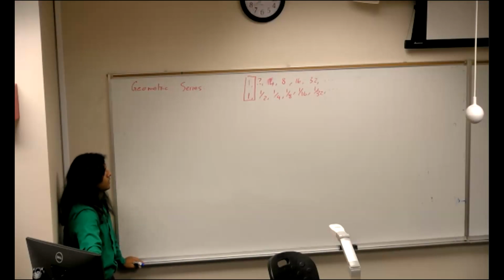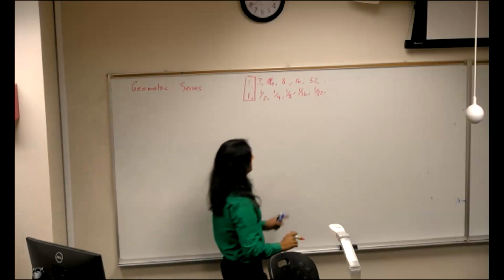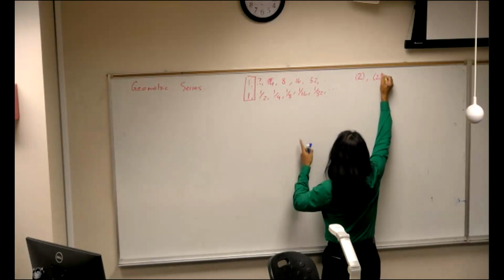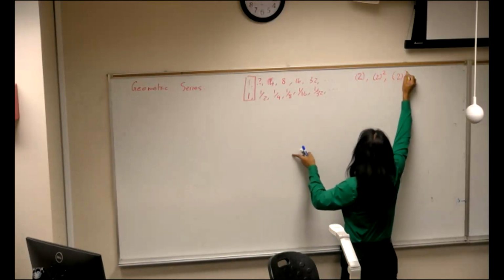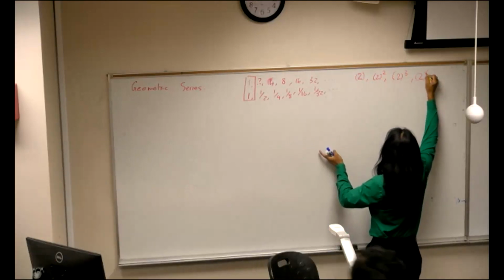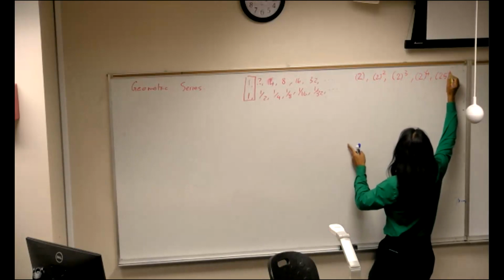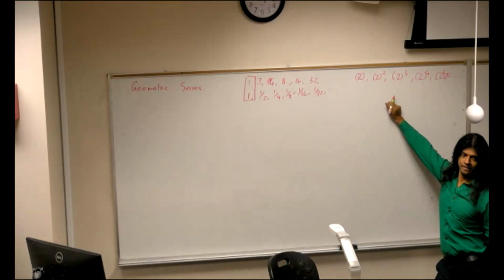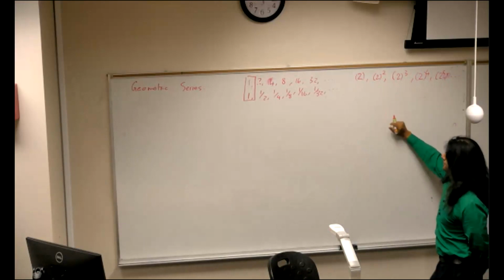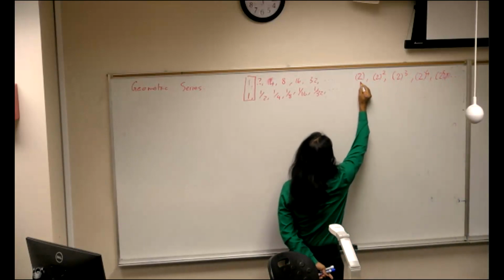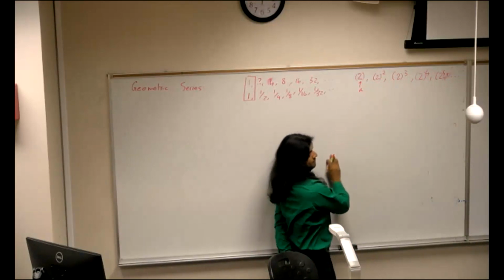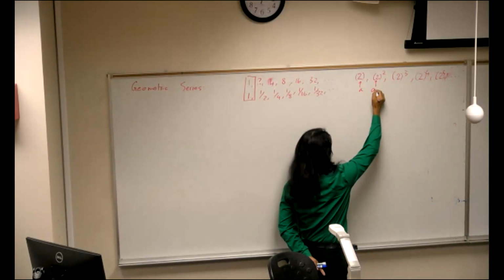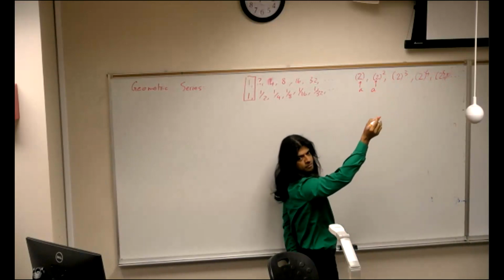Yes. So what do I mean by that? Well, I could write 2 squared, 2 cubed, 2 raised 4, 2 raised 5, ... Well, if I call that to be A, I can write that as A times 2.